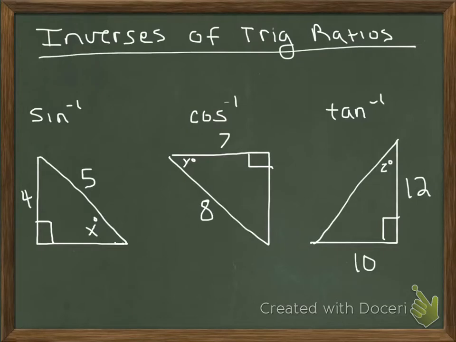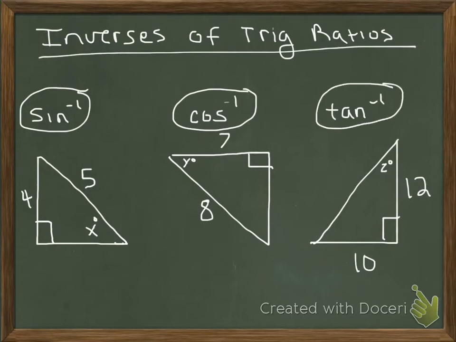Look above the sine, cosine, and tangent buttons. Above them you will see sine -1, which means the inverse of sine, cosine -1, which is the inverse of cosine, and tangent -1, which is the inverse of tangent. You get to those by hitting second sine, second cosine, or second tangent.